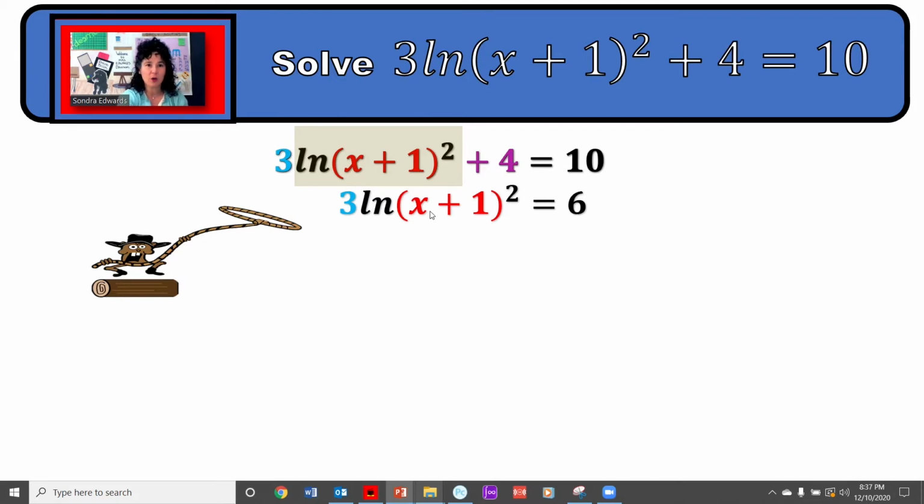When a logarithm of something to a power, you think, oh, I'm going to move that 2 to the front. Well, danger, danger. Let's go ahead and do that and see what happens.